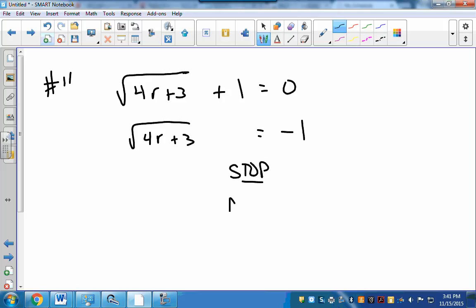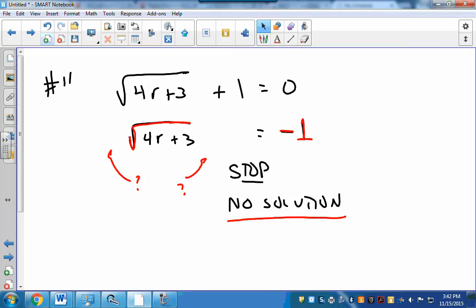Stop, no solution. Once we isolate the radical, we get this radical by itself with nothing in front of it, nothing tacked on the back, and you see a negative. Square roots can never be negative. There is no solution to this problem. You need to go no further than that.